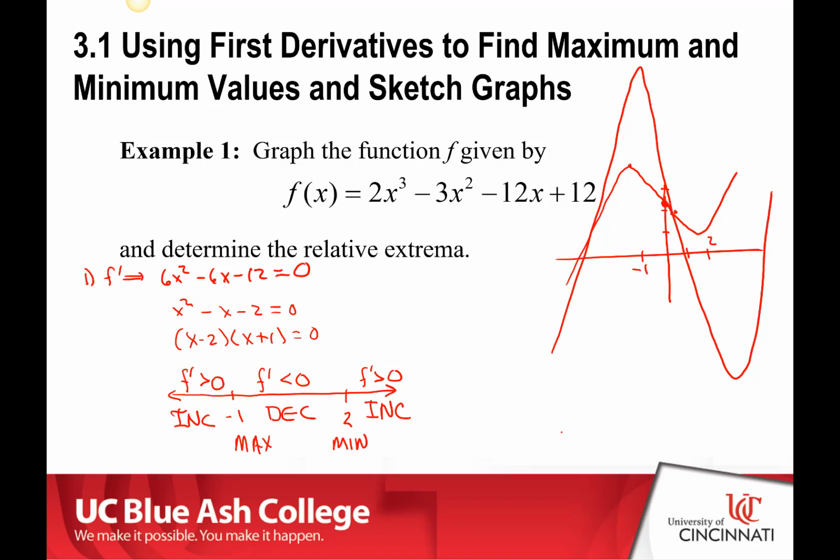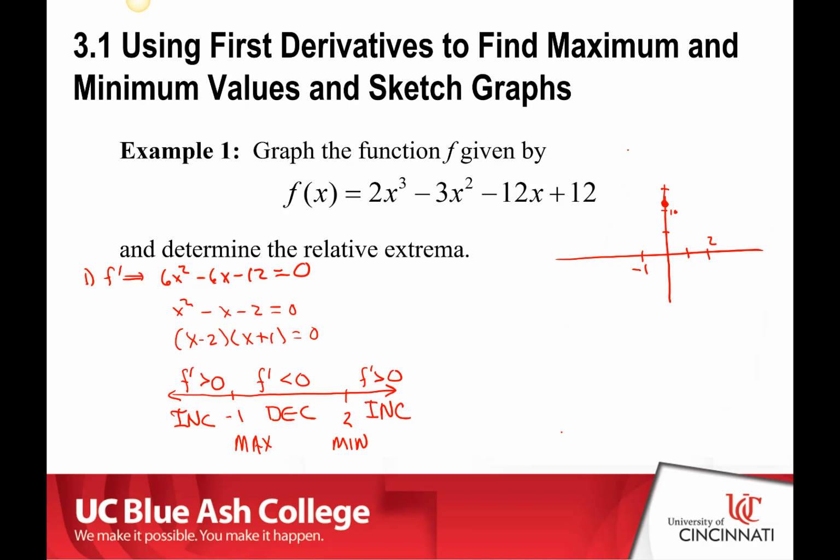How do we figure out which of these graphs more accurately reflects the function? How about we get the y value at x equals -1 and the y value at x equals 2. Instead of just having critical values, get critical points.